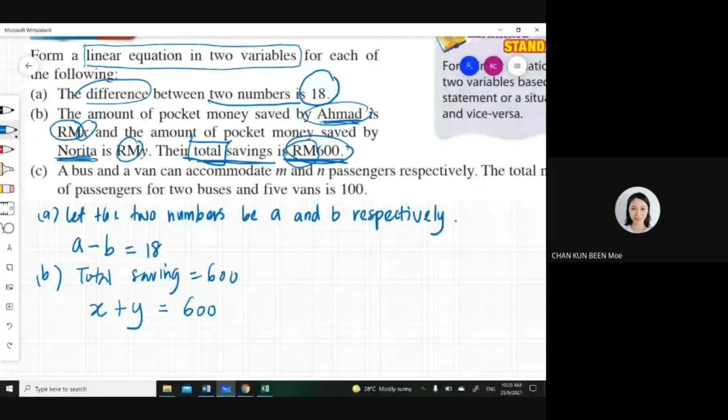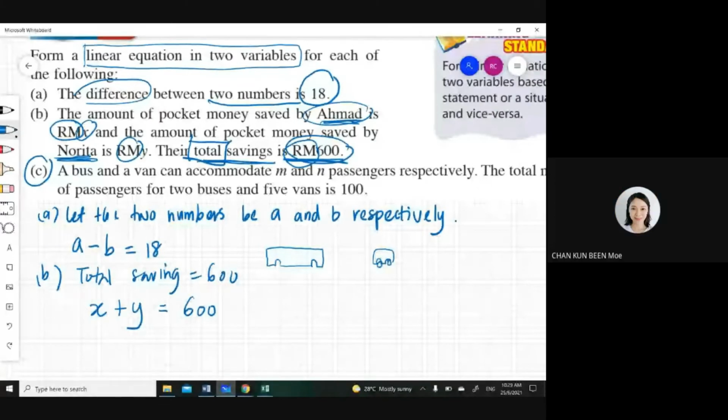Okay, now we move on to C. A bus and a van can accommodate M and N passengers respectively. So you have to imagine a bus. This is a bigger one. And a van is smaller.